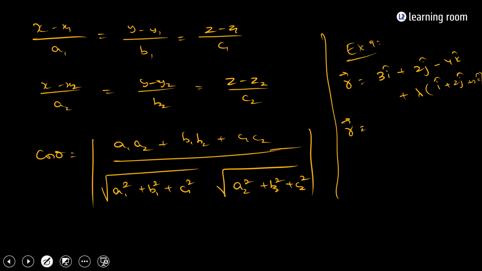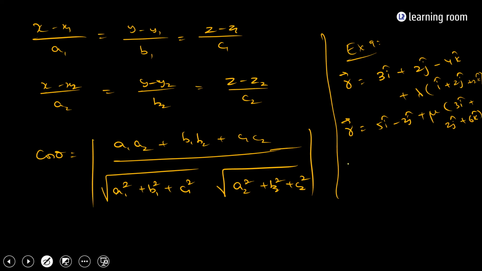Similarly, the second equation is given as R vector is equal to 5 I cap minus 2 K cap plus mu times 3 I cap plus 2 J cap plus 6 K cap. Now I need to find the angle between these two lines.